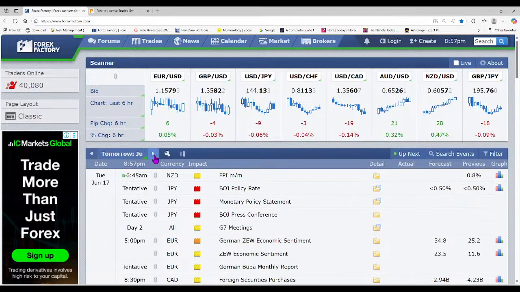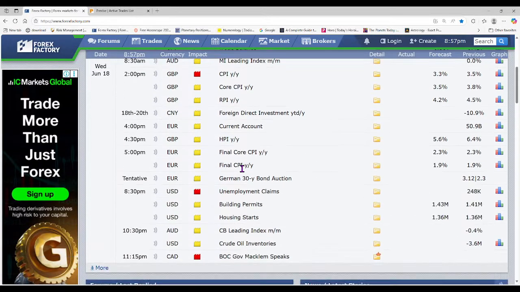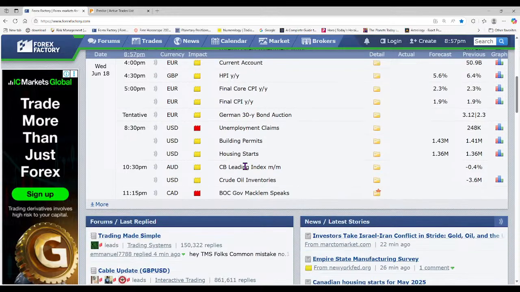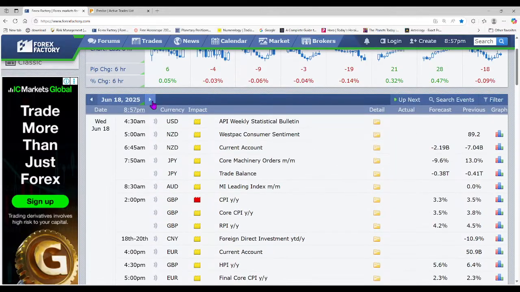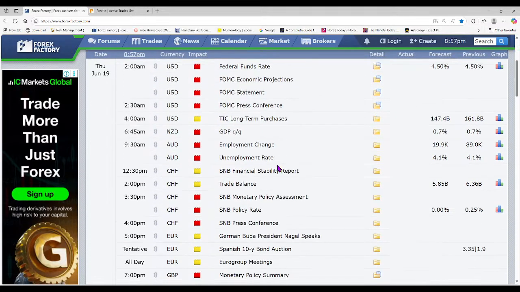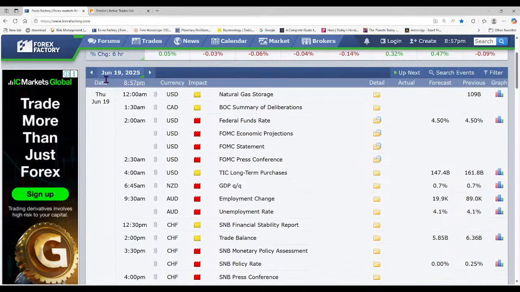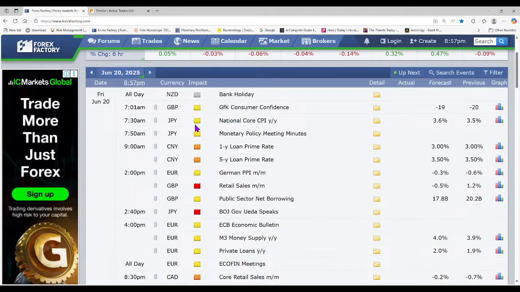Okay, it says on Thursday, US bank holiday, and Friday is a New Zealand bank holiday.